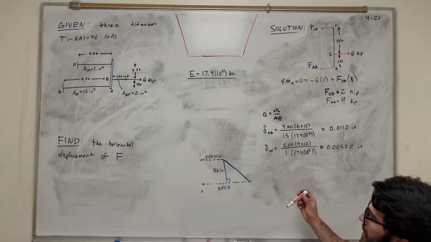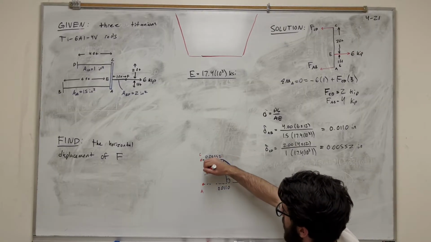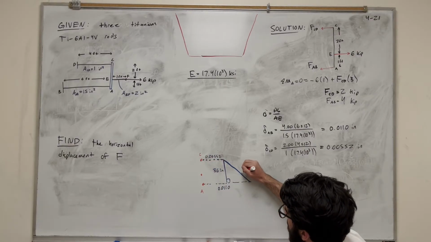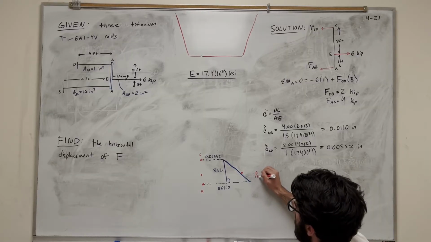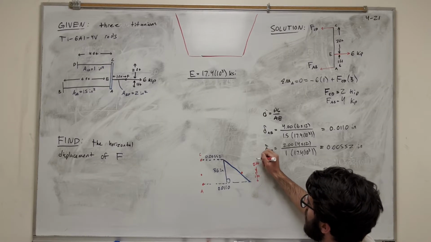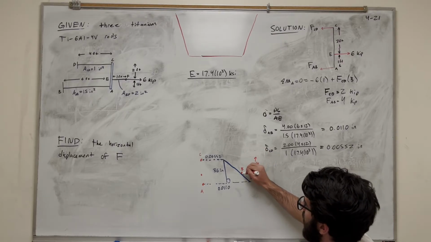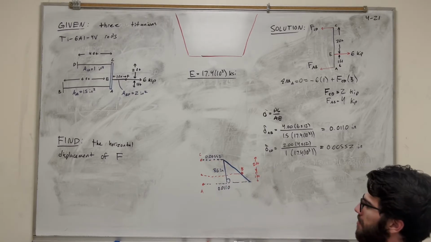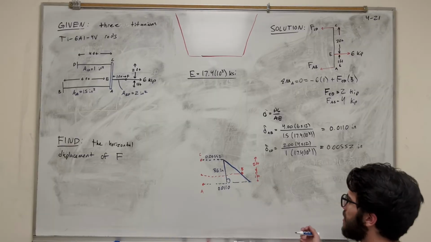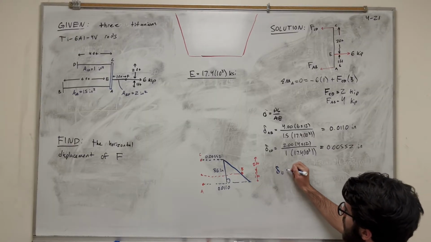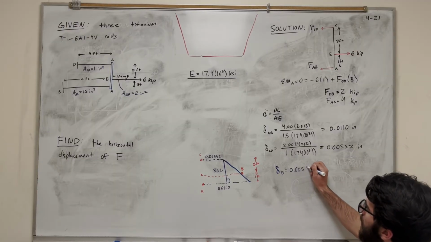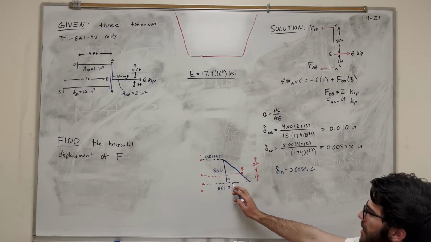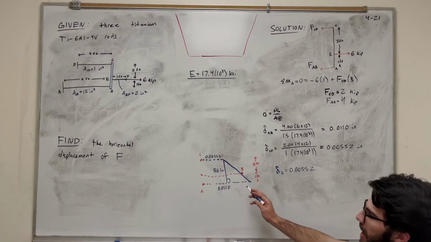Now, where is point E? Point E was originally 1 foot here and then 2 feet here, so it would be a third of the way. We want to find how much E is displaced from here to here. The displacement of E is equal to 0.00552, the displacement of C, plus this extra displacement, but only 2/3 of it, because this is on the triangle.